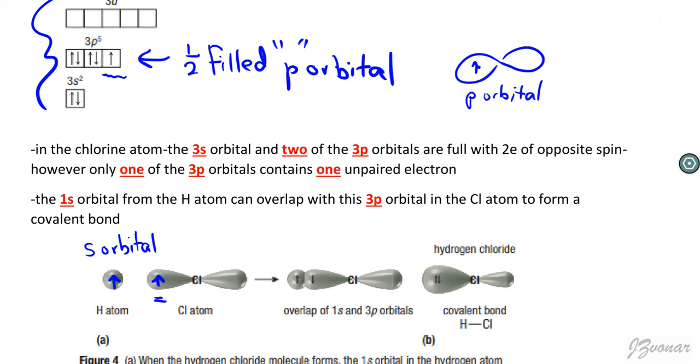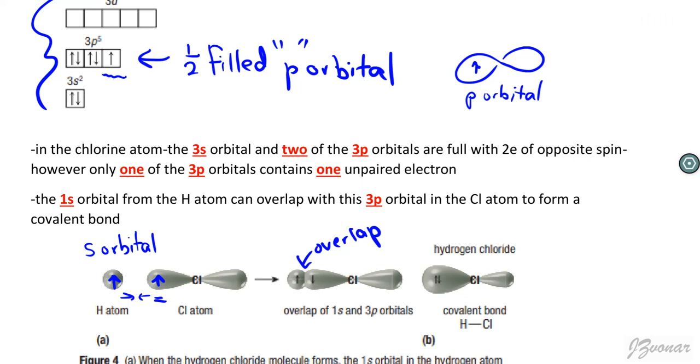All right, so as these two approach each other, they overlap. So there's the overlap that takes place. When they overlap, we form a covalent bond. And so now the two electrons take one going counterclockwise, the other one going clockwise.